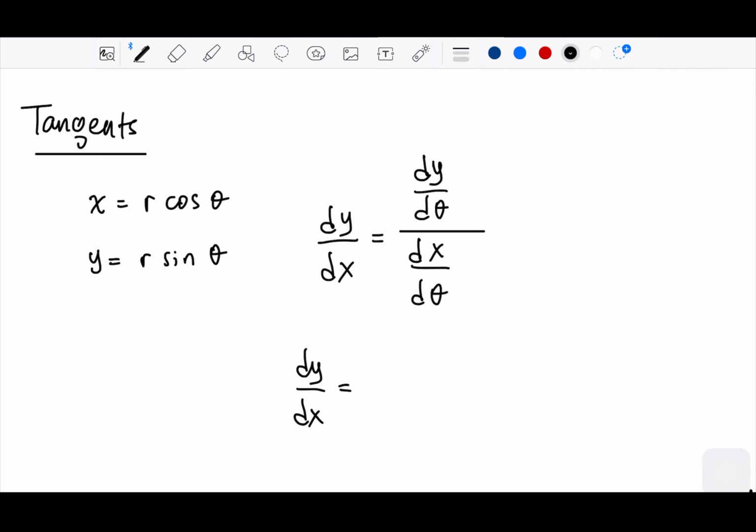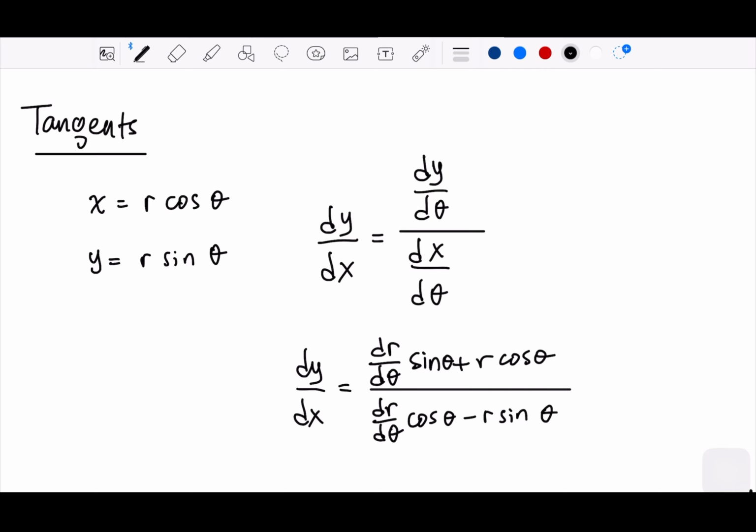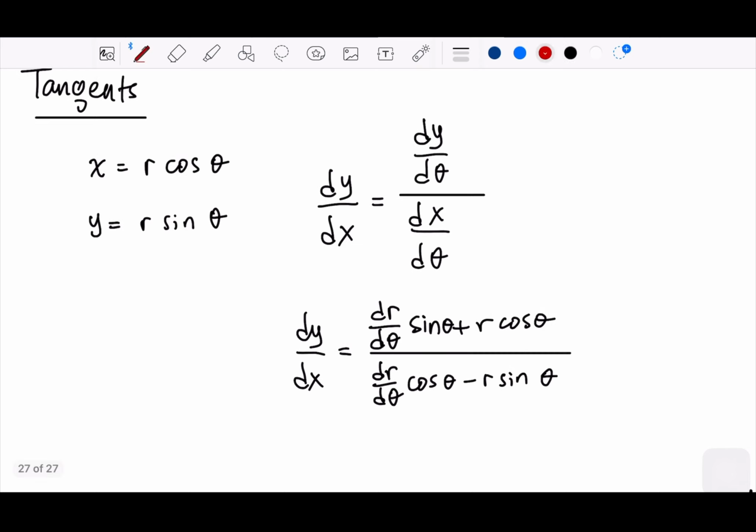Okay? Exactly the same. So we are just plugging in all the information for y. This will be plus r cos theta. And for x, okay. And that's it.